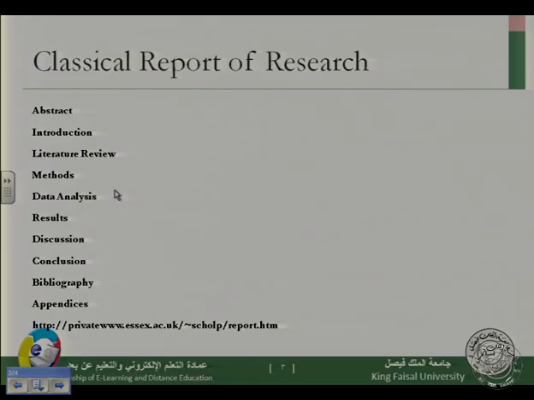Sometimes, if you go abroad or to different universities around the world, and sometimes in Saudi Arabia now, it's increasing these days, you have something called a term paper. After the end of your course, your instructor asks you to submit a term paper consisting of 1,000 words, 1,500, 2,000, sometimes 3,000 words. If it exceeds 2,000 or 3,000, it becomes an article.